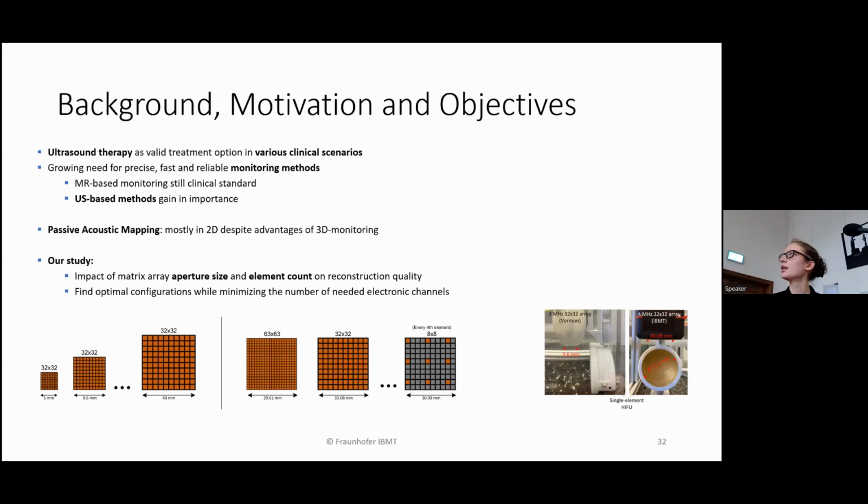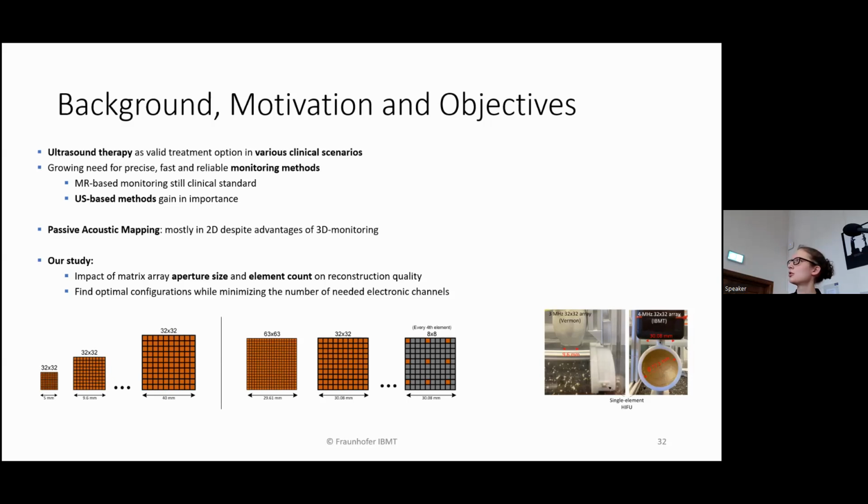In our study, we wanted to investigate the impact of matrix area, aperture size, and element count on the reconstruction quality. To do that, we first simulated different aperture sizes while the element count stayed the same. In a second step, we changed the element count based on the same aperture size.